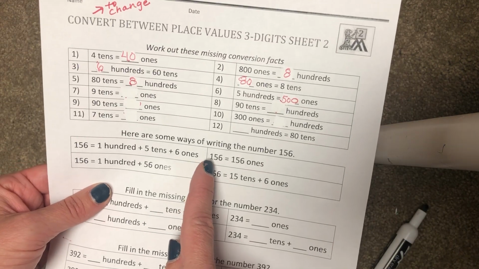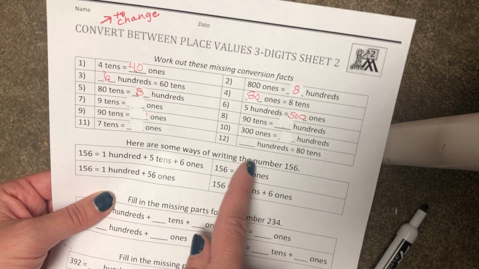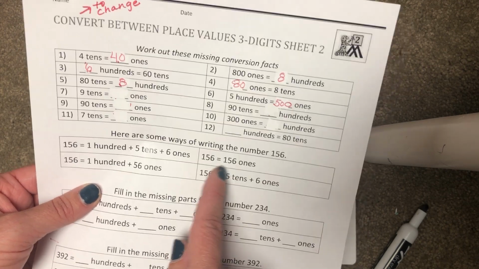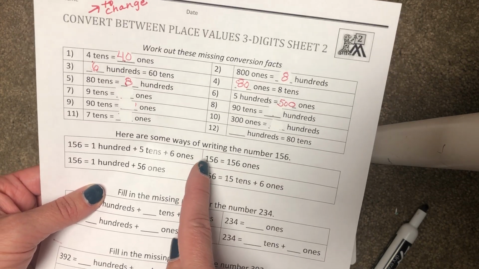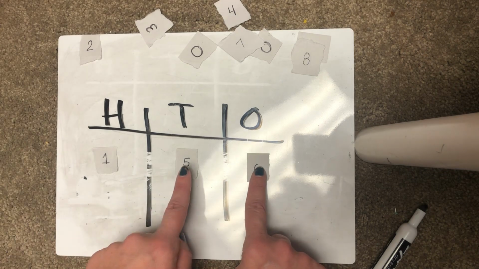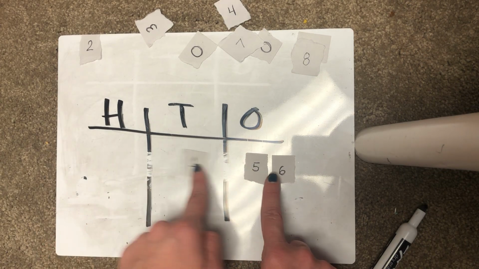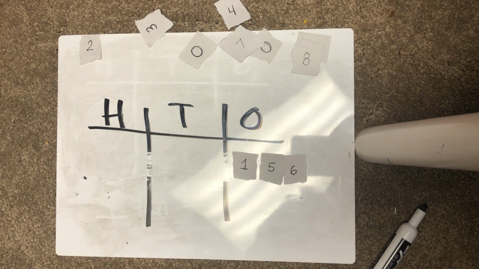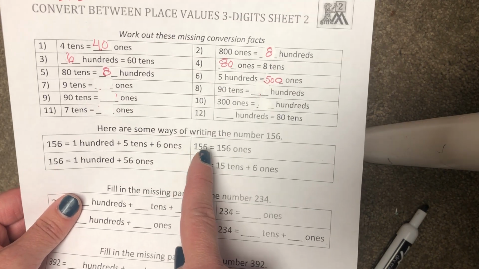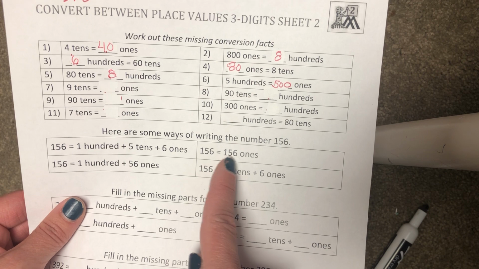But what happens if we only want to write it as ones? We take that 156 and shift them all the way to the ones place. That's how they got the answer that 156 equals 156 ones.